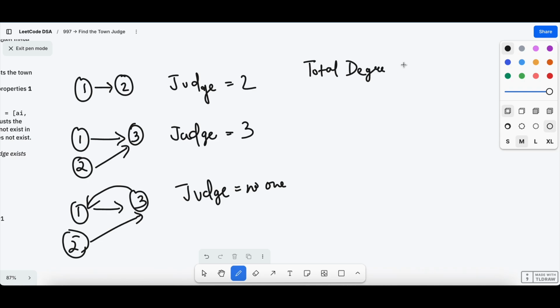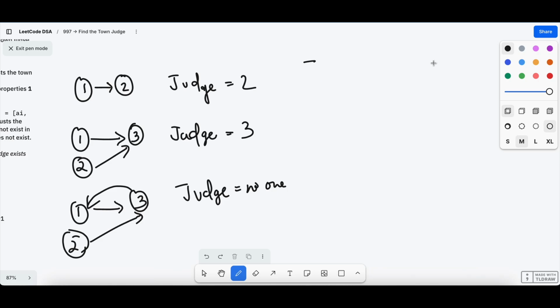We can say total degree of 1 equals out degree plus in degree.